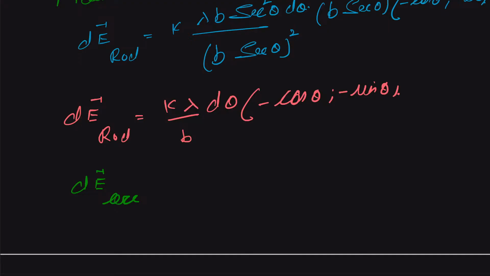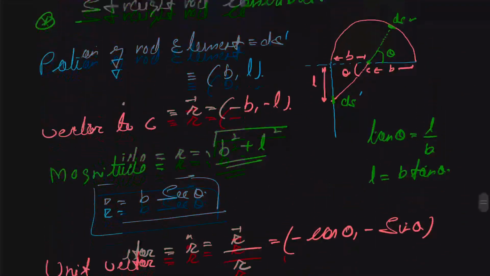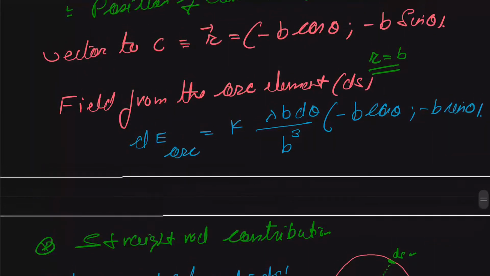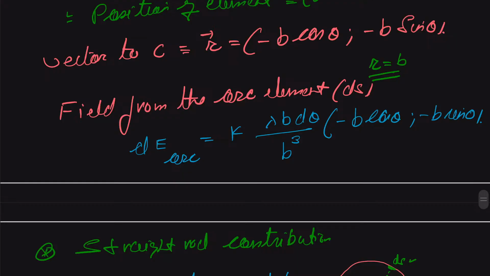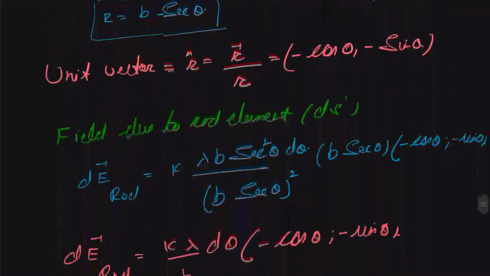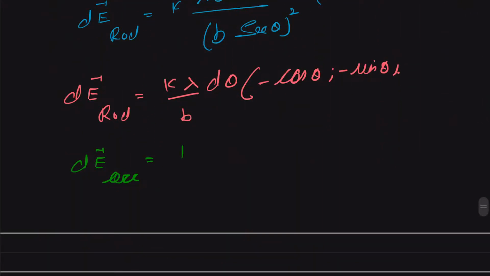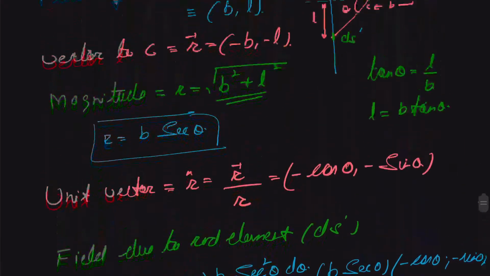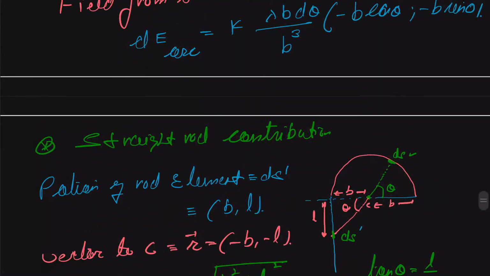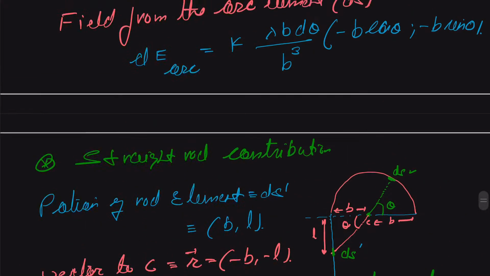Okay, let me write it here. And the electric field due to the arc was our k lambda b d theta, and one second, yeah, so I can just sort it out here.